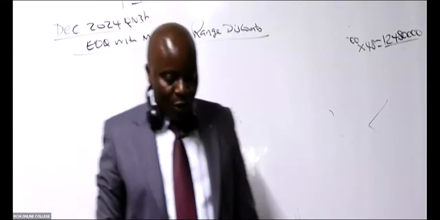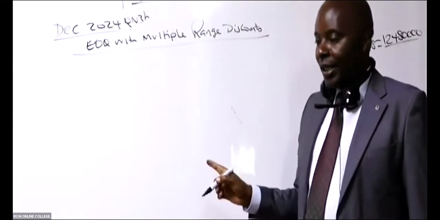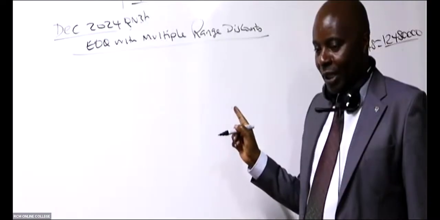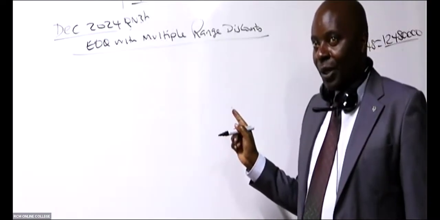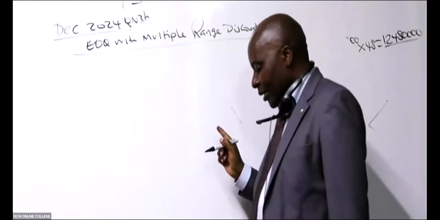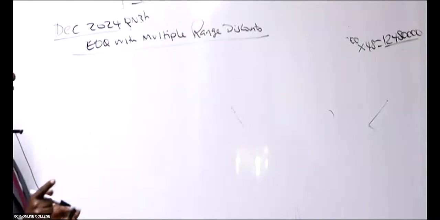EOQ stands for economic order quantity with multiple range discounts. They brought this in 2025, April, and it really disturbed our students, those who are not very serious. Otherwise, if you are serious, this is a very simple thing.